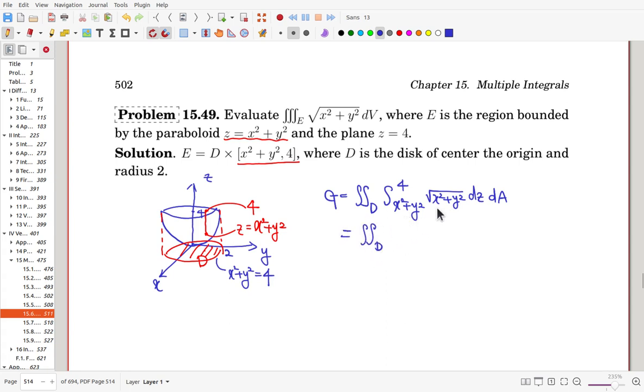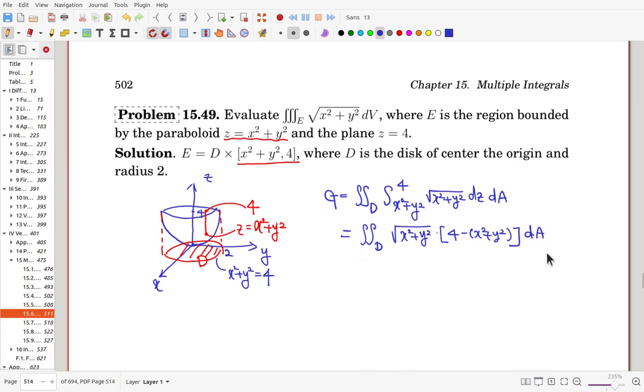Integral over D, and the square root is a sort of constant. And this is the interval length, so here we have 4 minus x squared plus y squared. This whole thing is the integrand for this integral.